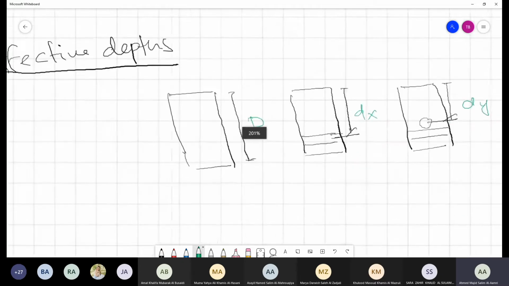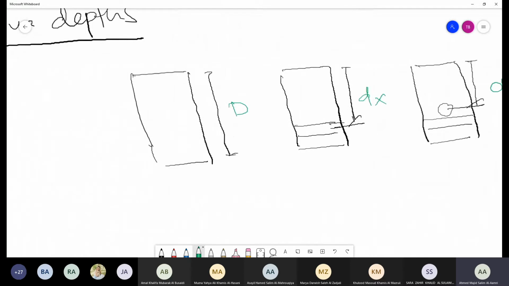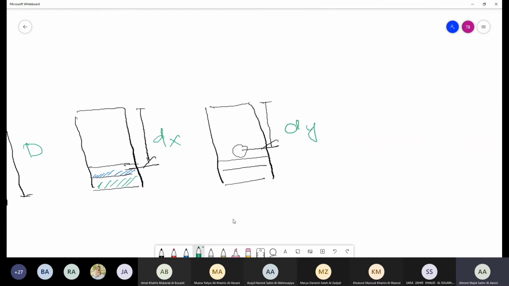Now you can see the difference between dx and D capital is the fact that you are removing half of the bar and you are removing your cover.